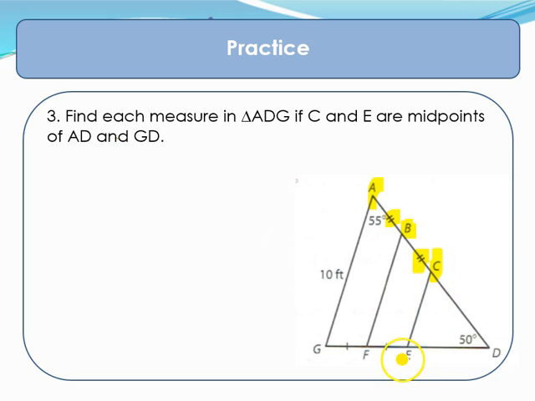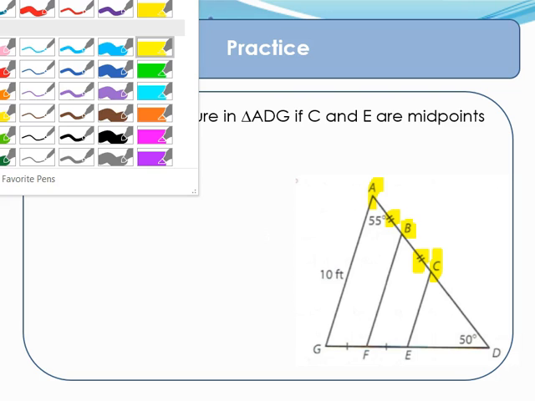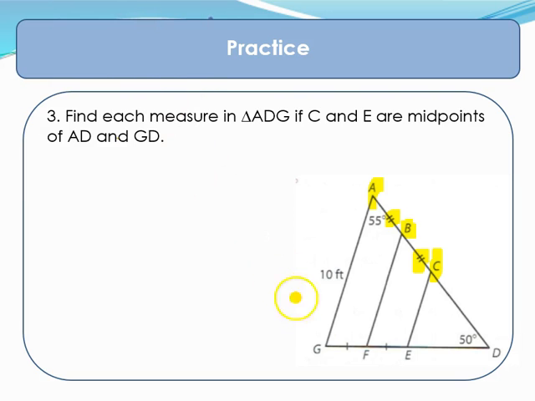Now if you look on the other side of this figure, there are different congruency marks. So for GF, we have one congruency mark, and FE, we have another. So what does this mean? This means that even though these lines are parallel, the length in between each one of them is not.